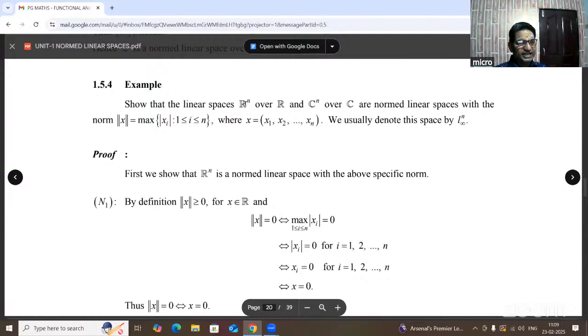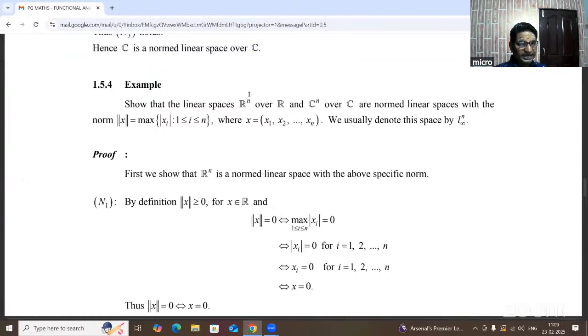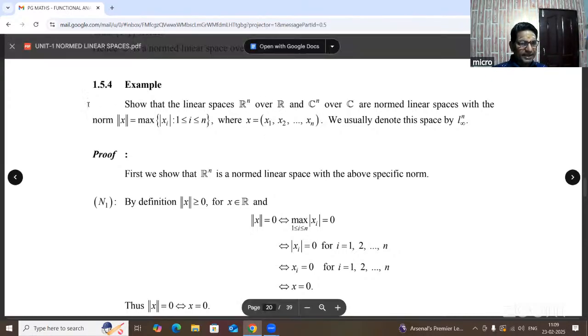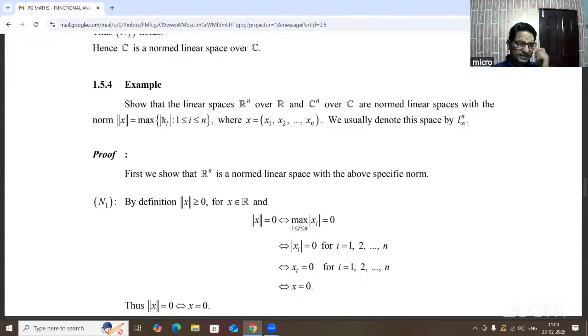We are taking two elements x1 and x2. For the n dimensional part, the vector x can be written as n tuples of elements, x1, x2, and so on up to xn. The norm of x is equal to the maximum of mod xi, where i varies from 1 to n.